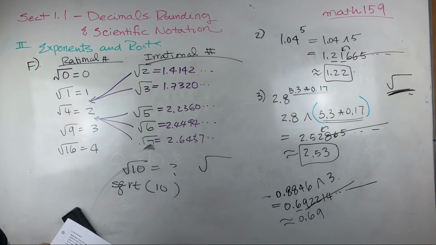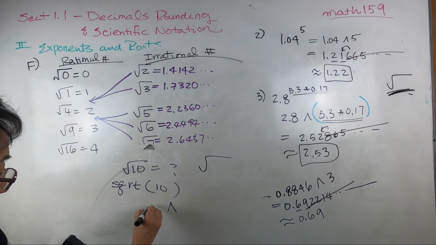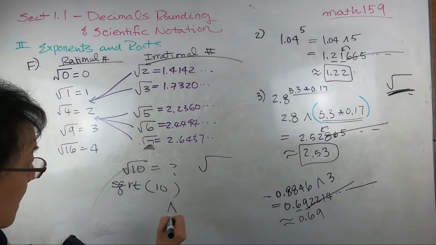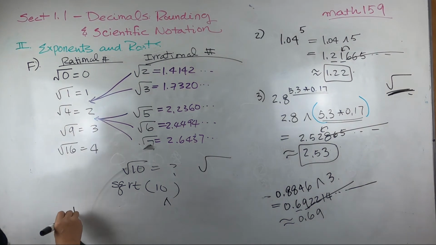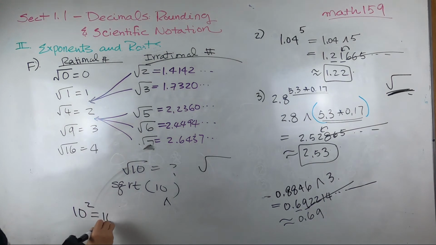And a second approach is another way. Okay? So they always have this power symbol, right? So we say, if I use 10 to the second power, that would be 100.